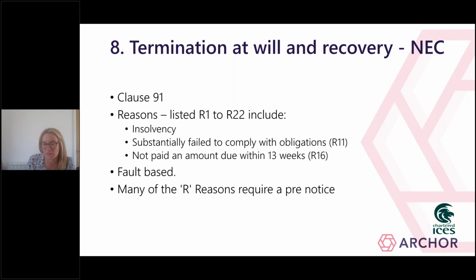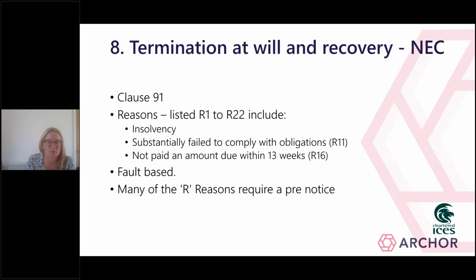NEC contracts are very formulaic. They do follow a set pattern. Clause 91 deals with your reasons, so your capital R reasons. There are reasons listed 1 to 22, and they include things such as insolvency.